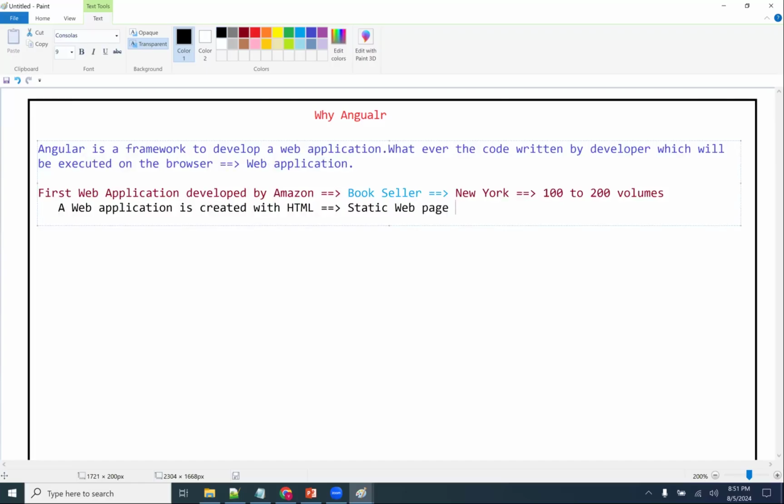Okay, I need an Angular book. Angular 16 book given by Google company, and the author is some author, and the cost is almost $100, and I want to deliver it to where I'm staying, assuming that Dallas.